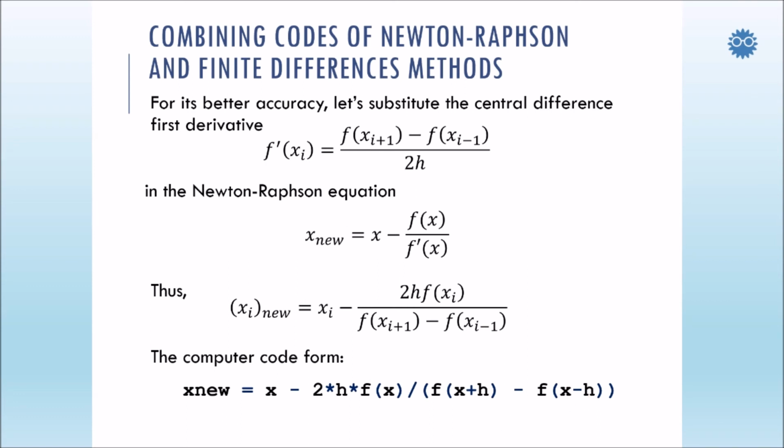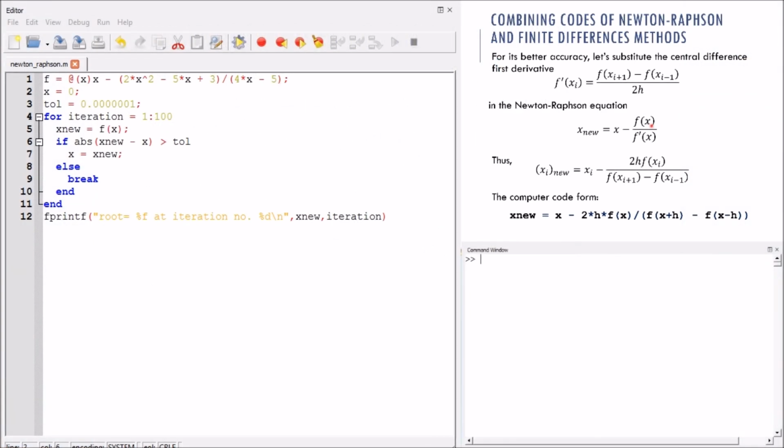Now let's make the modifications on the Newton-Raphson code. So we'll go to our editor. Here we will make 3 simple modifications, not more. The first one is to put the function in its original given form, because the problem is 2x squared minus 5x plus 3.